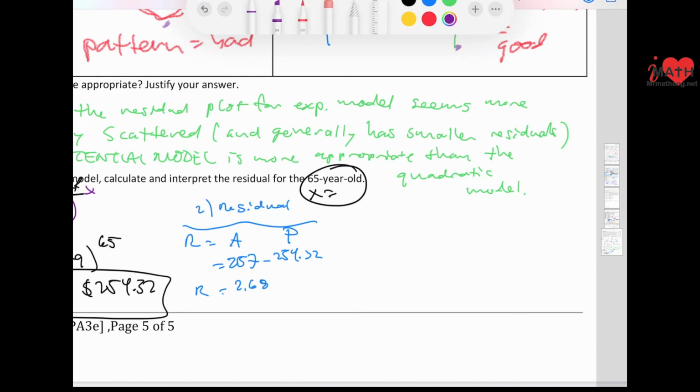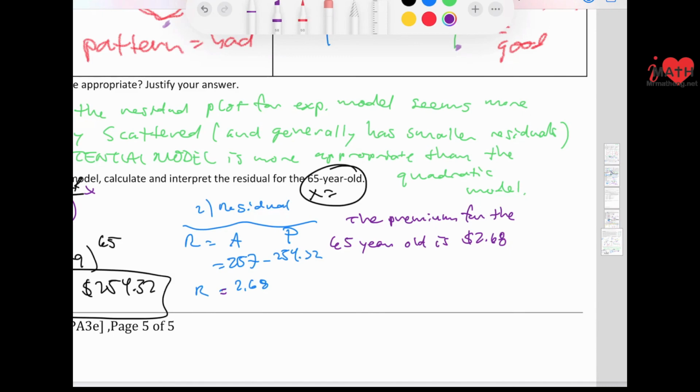Okay, what does that mean? The premium, what you pay every year for the 65-year-old, is $2.68, positive or negative.